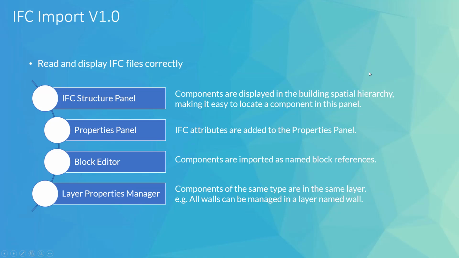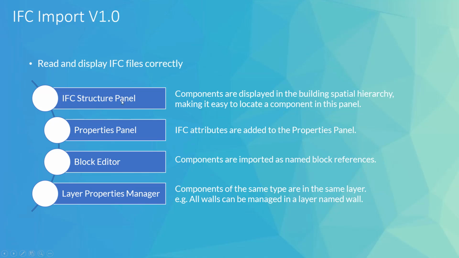Okay, and the next tool we would like to share is the IFC Import. Since this version will provide this tool, you need to load the tool on ZWCAD, then you can use it. With this tool you can read and display IFC files correctly.